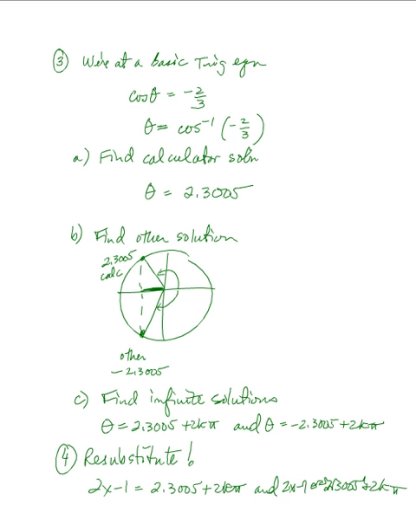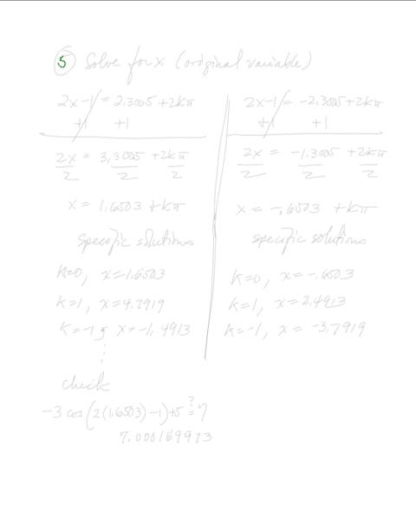So now let me rewrite that. And I've now got to solve for x, the original variable. Okay? So we have 2x minus 1 equals 2.3005 plus 2k pi.